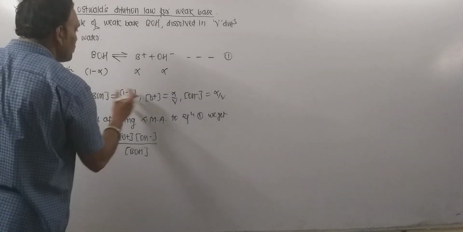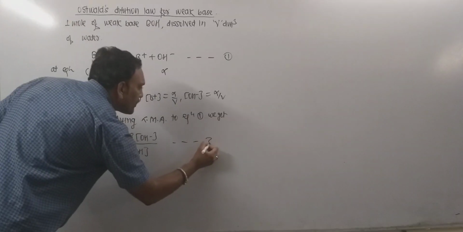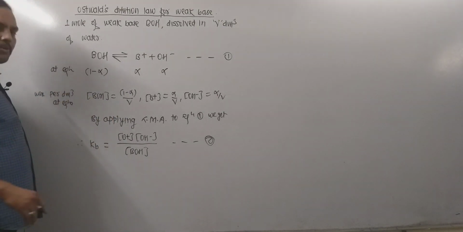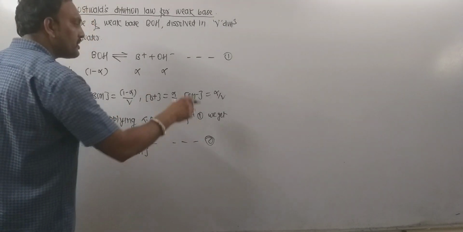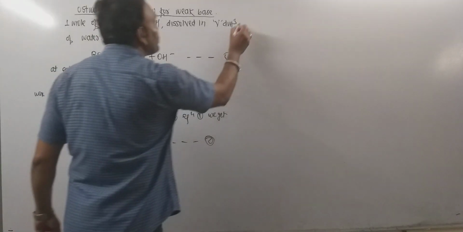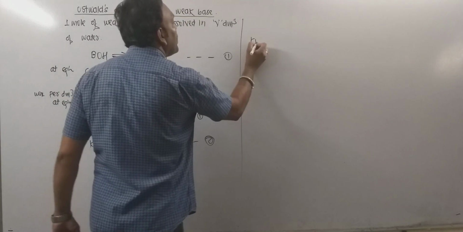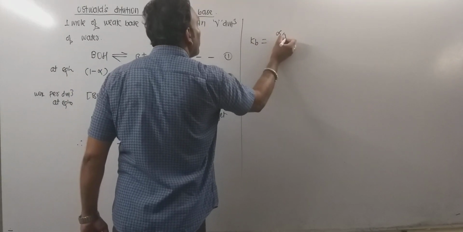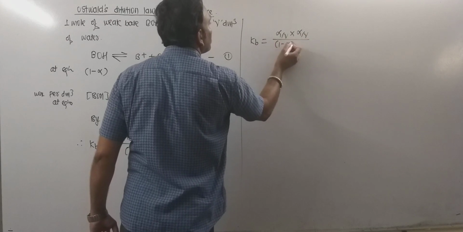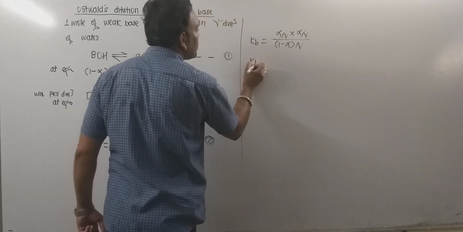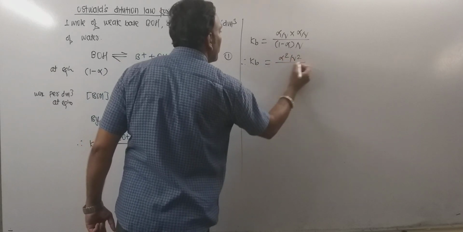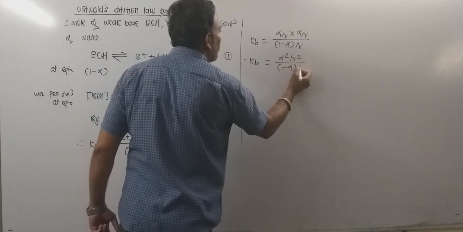This is equation 2. Now if these values are substituted in this equation, we get Kb is equal to alpha by V into alpha by V upon 1 minus alpha by V. Further this can be given as Kb is equal to alpha square by V square upon 1 minus alpha by V.